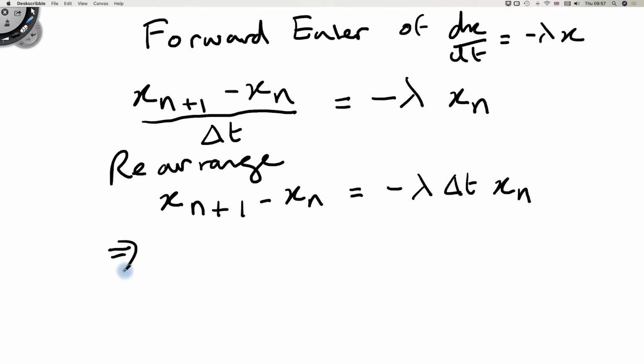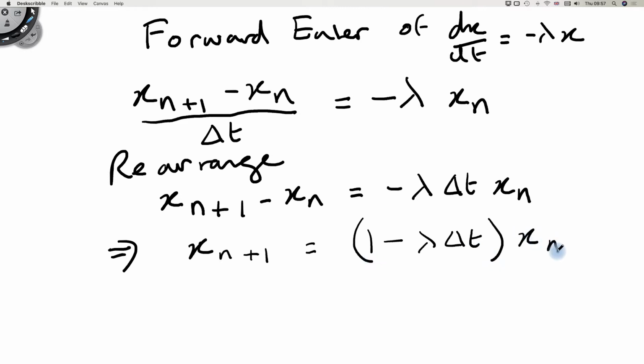And that finally gives us xn plus 1 on one side equals 1 minus lambda delta t on xn.